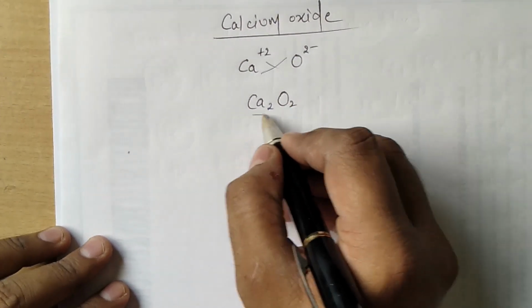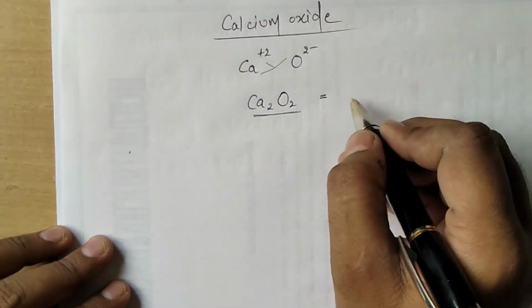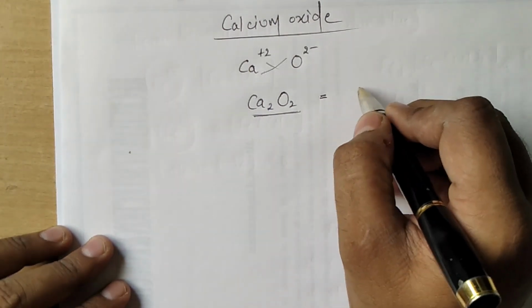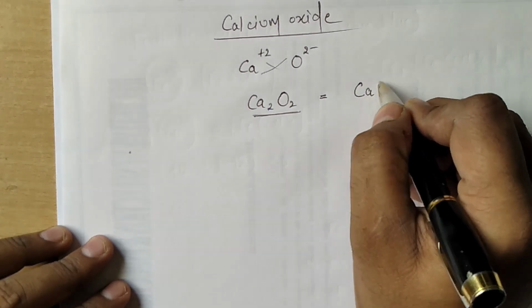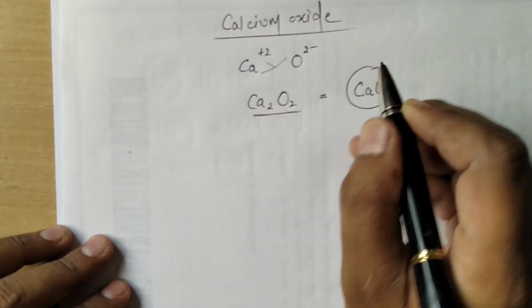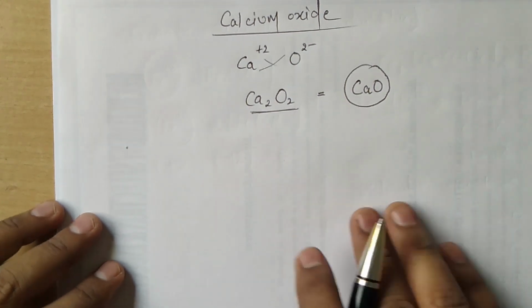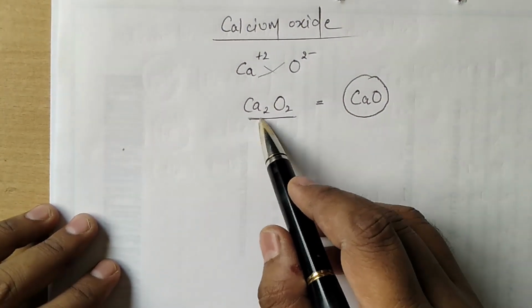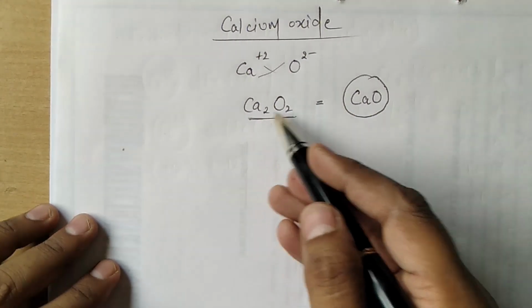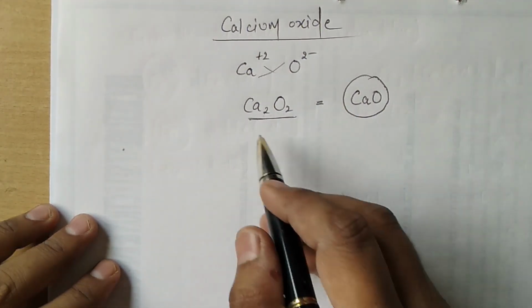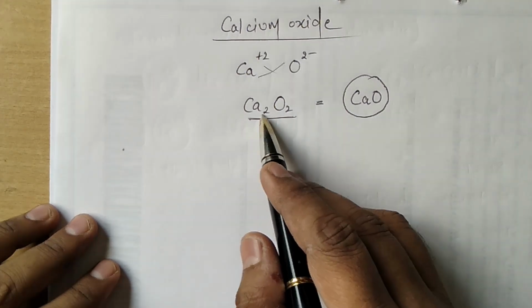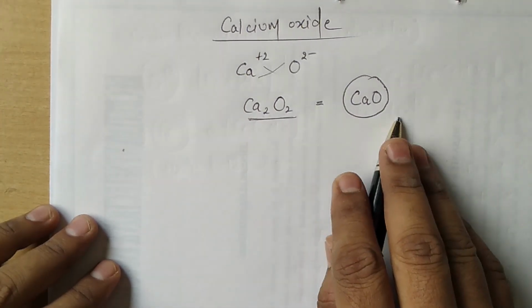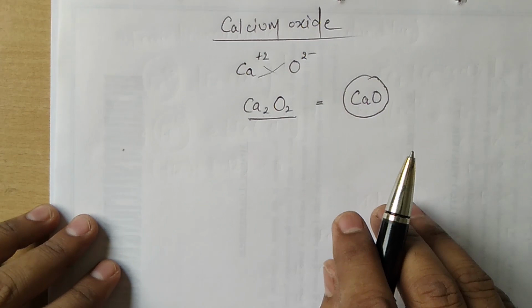But we have to take the LCM, least common factor, which is 2. So I will have the formula CaO. Here I cannot write Ca2O2; I have to take the least common factor, 2, in both of them. So the formula will be calcium oxide as CaO. Is that clear?